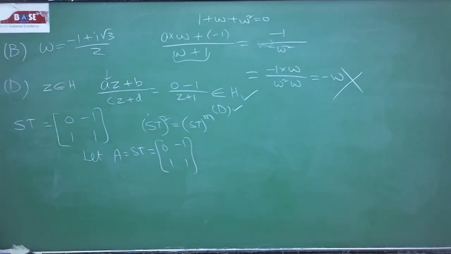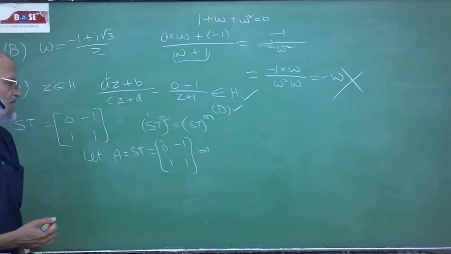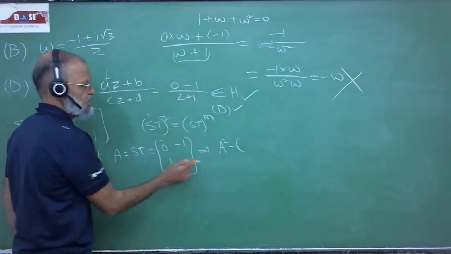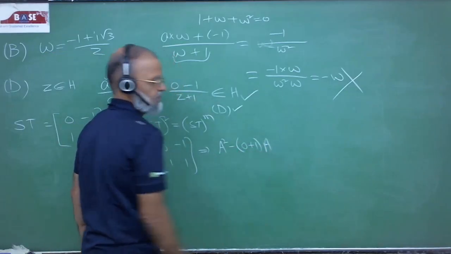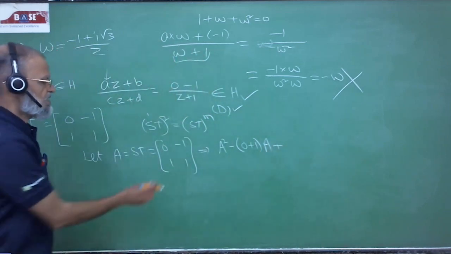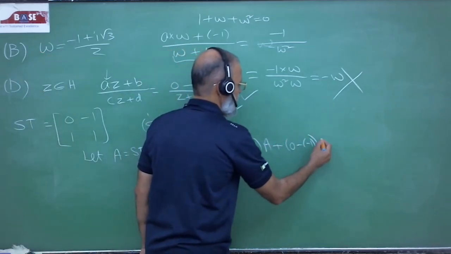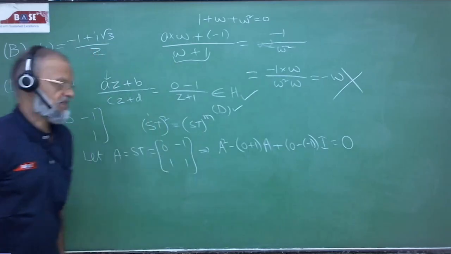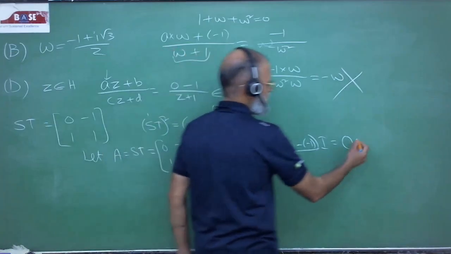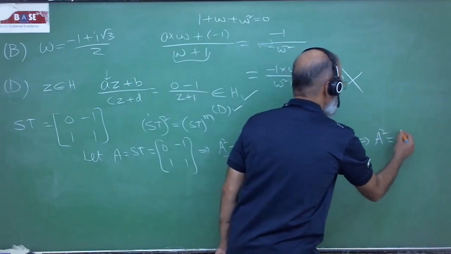We know that the characteristic equation will be satisfied: A square minus the sum of these two, that is 0 plus 1, the trace, times A, plus the determinant of A times I, the identity matrix. What is the determinant of A? It is 0 into this minus this, so 0 minus of minus 1. So I can very clearly say that A square is equal to A minus I.